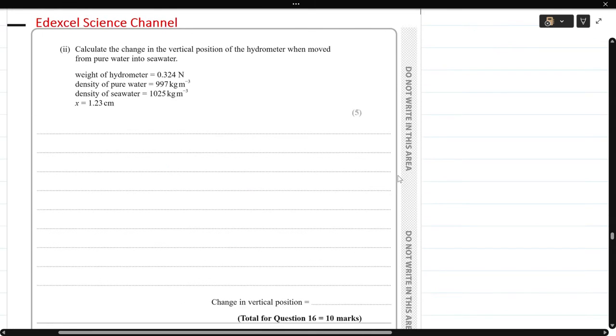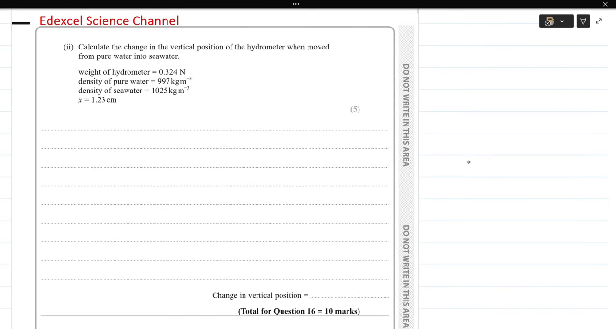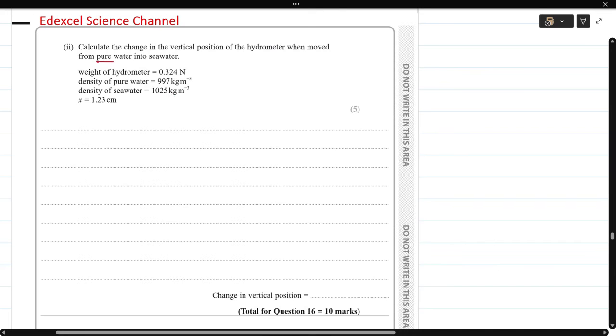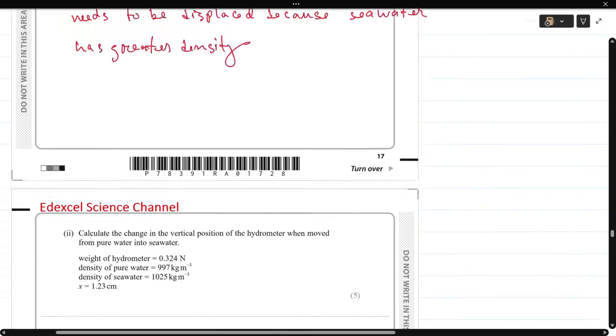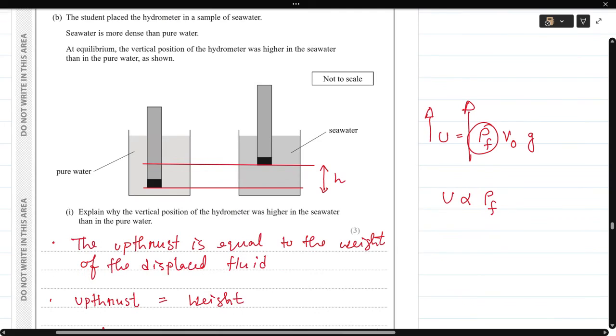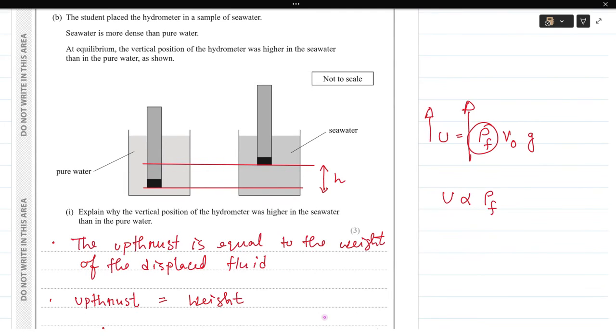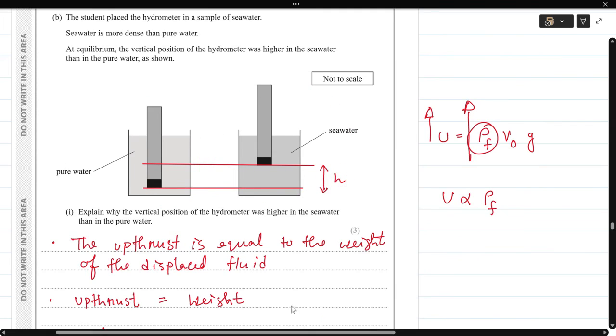Question number 2. Hello guys, this is Edexcel Science channel and we are at question 16b2. Calculate the change in vertical position of the hydrometer when moved from pure water to seawater. So what they are trying to tell us is when we moved the hydrometer from pure water to seawater, as we can see there is a change in height.